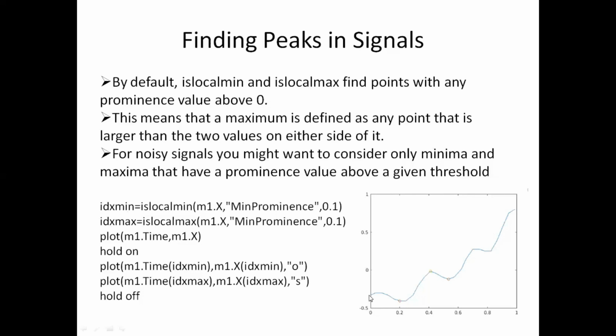This gives us a plot of time versus the x-axis position along with the local minima points and the local maxima points. If you see here, there are only 2 local minima points and 1 local maxima point, because we have only those points where the prominence value is greater than 0.1. That is the threshold value that we have set here.